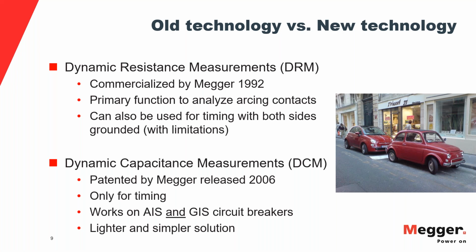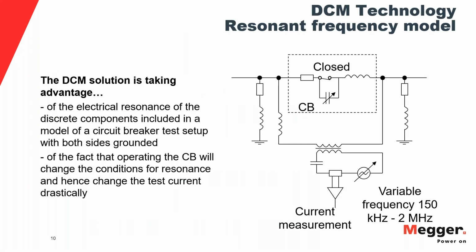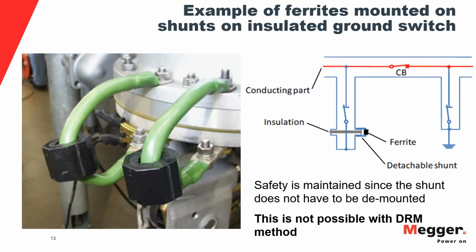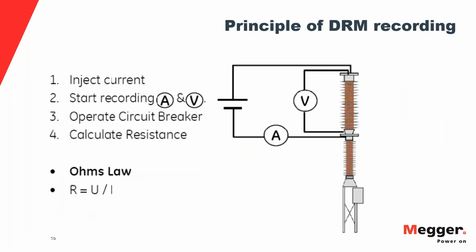It's a lighter and simpler solution, and it works on all different kinds of breakers without limitations. So I will skip through a few slides. You already saw how the technology works for the DCM, and I walked through the DRM. We did talk about this as well. So it's simply a resistance measurement when you do it over time.